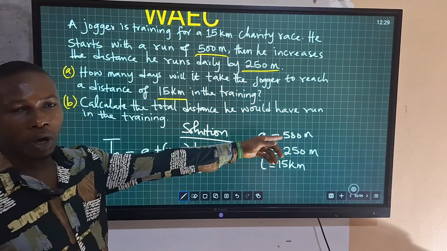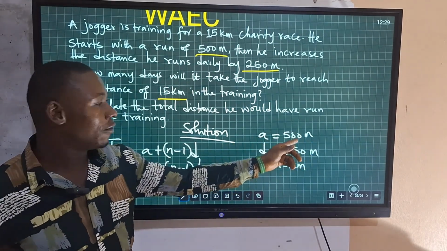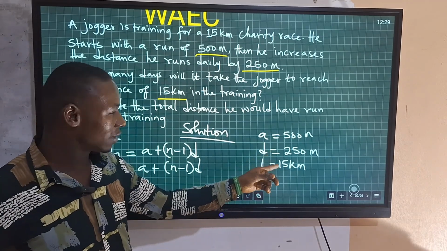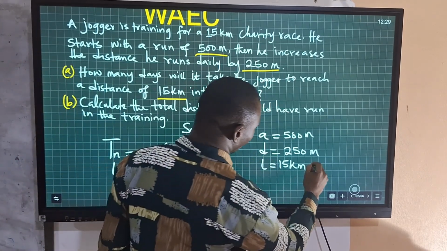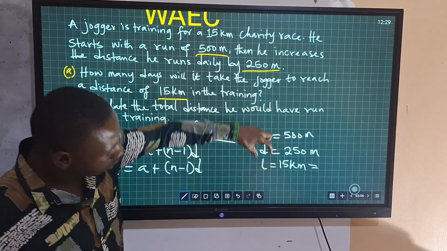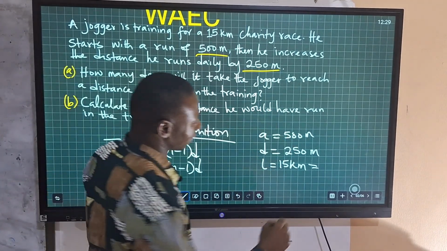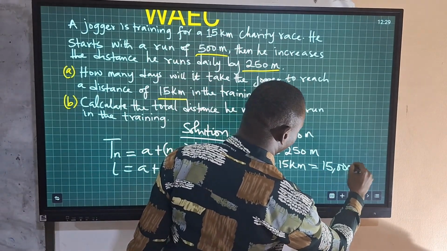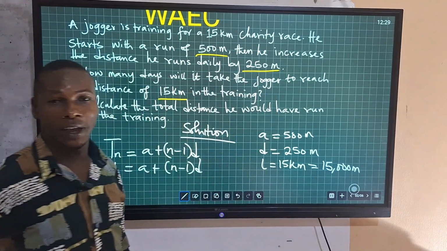But if you watch closely, every other thing is in meters. So let's convert this 15 kilometers to meters. 1,000 meters is equal to 1 kilometer. So having 15 kilometers is the same as saying 15,000 meters. I hope that is clear.